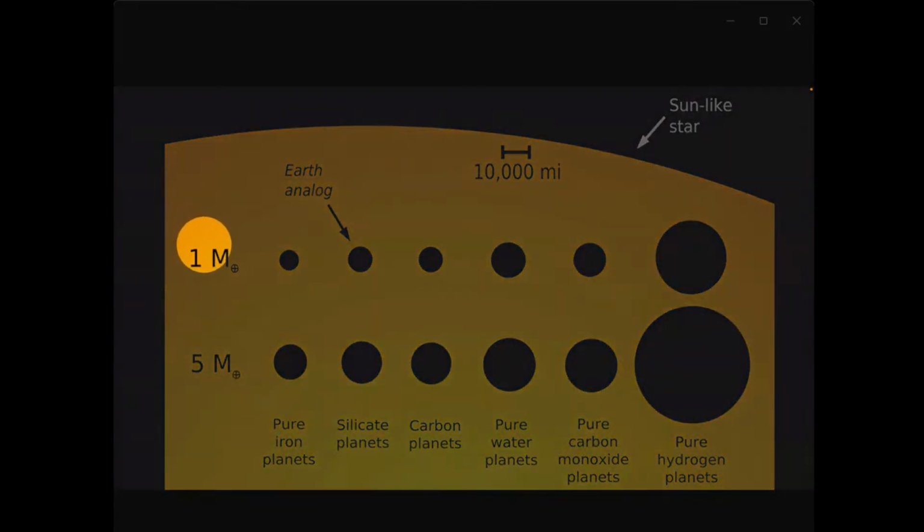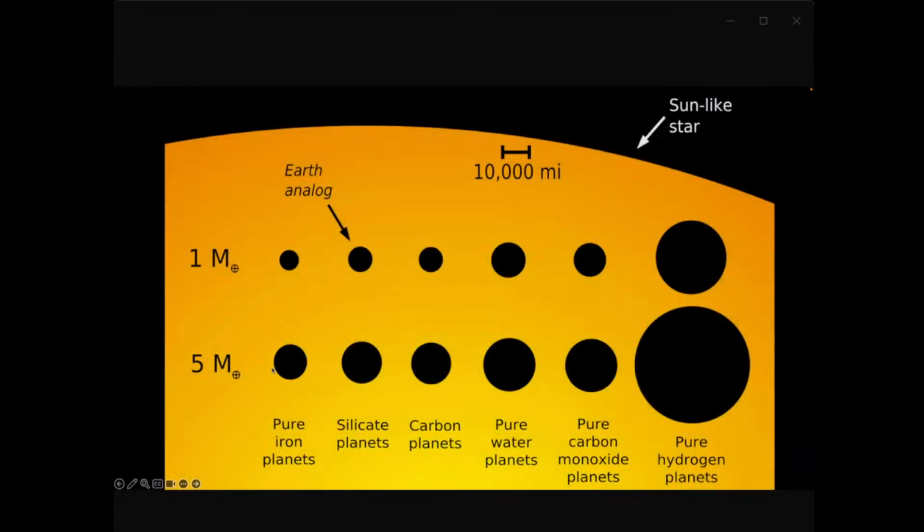So if we imagine that we have a planet that's 1 times the mass of the Earth, or a planet that's 5 times the mass of the Earth, and we imagine making it out of different stuff, from iron all the way to hydrogen, you actually generate all these different shadows. So by comparing the shadow with the mass, you're able to figure out what kind of a world you're looking at. Is it a Jupiter-like planet? Is it an Earth-like planet? Is it something like Mercury? Or something even weirder?